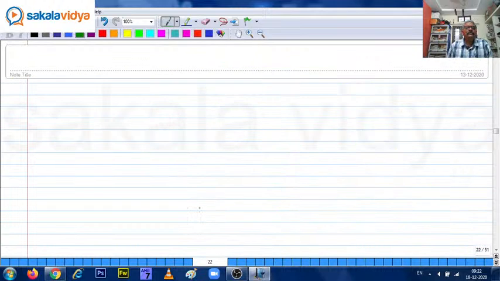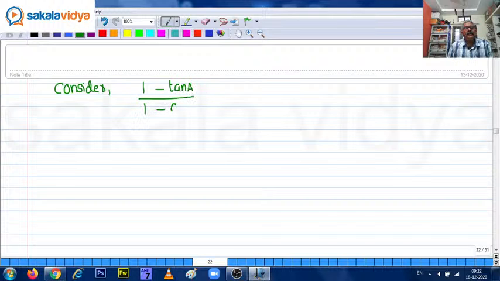So now again consider 1 minus tan A upon 1 minus cot A whole square. Now the same method need to be adopted here.